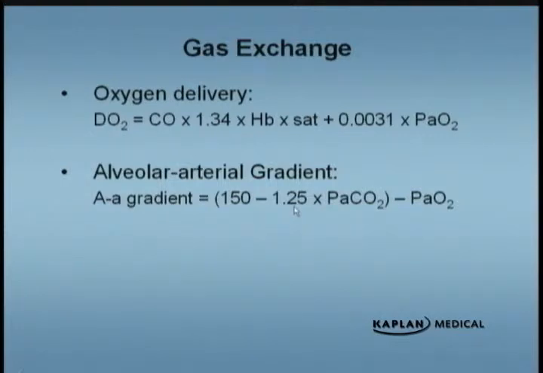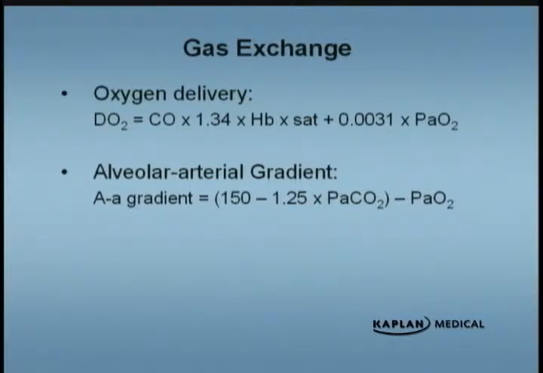So the 150 is a coefficient from the alveolar gas equation, and it says that if you subtract from that the partial pressure of CO2 times a coefficient of 1.25, or divided by 0.8, you could use that formula too, same thing, it'll give you what the partial pressure of oxygen is in the alveoli.